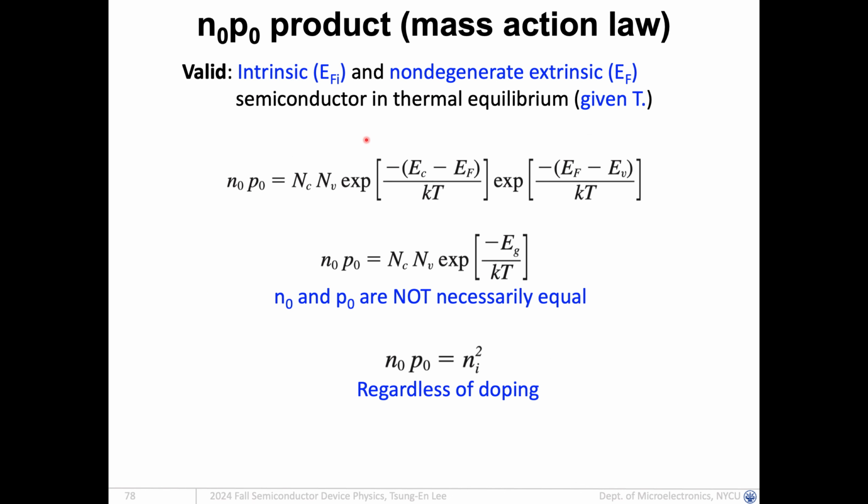Next, we want to explain the concept of the np product, or the mass action law. The mass action law is valid for an intrinsic semiconductor or an extrinsic semiconductor, but not degenerate, at a given temperature.